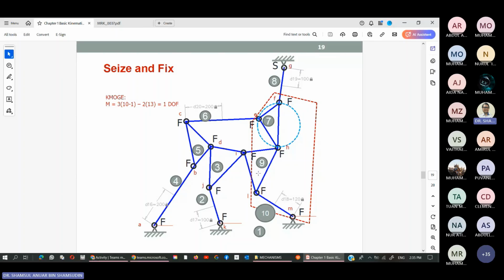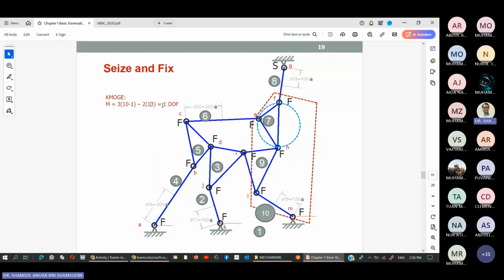I'll leave it for you to do this exercise to identify if this calculation is done correctly. But if it is done correctly, the number of links is 10, and the number of joints is found to be 13, all J1.